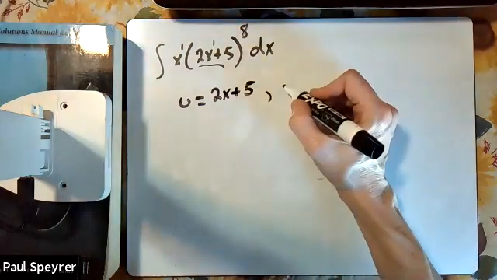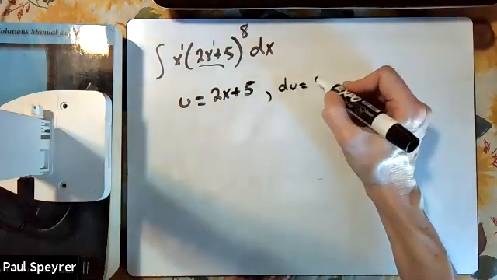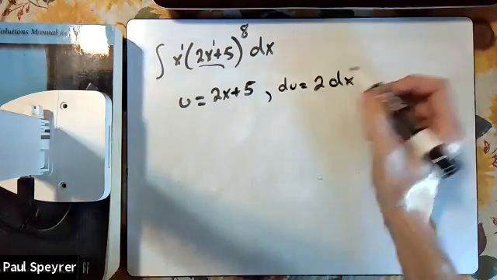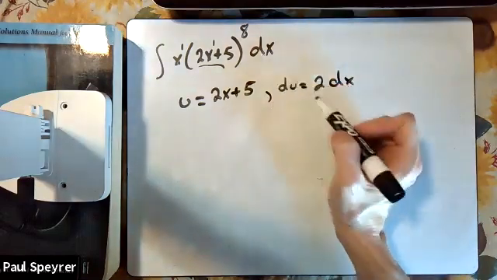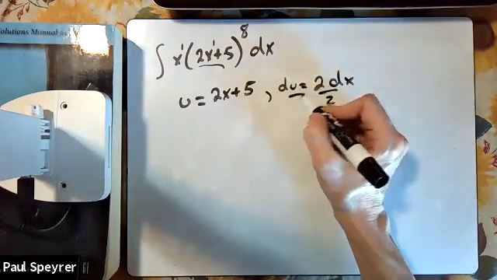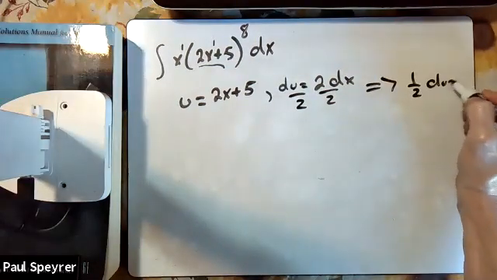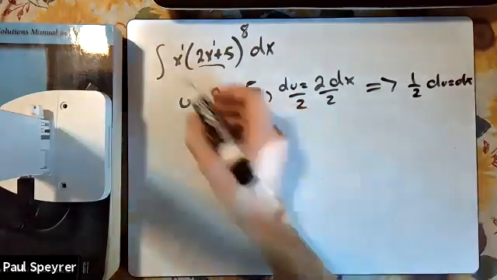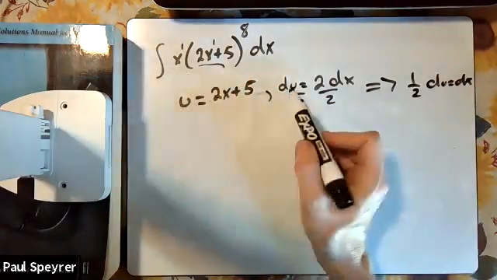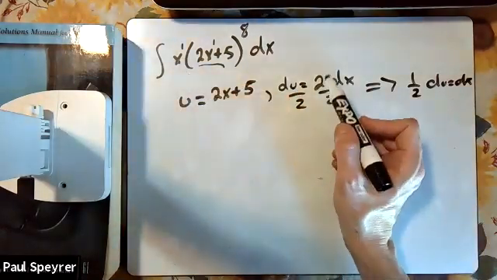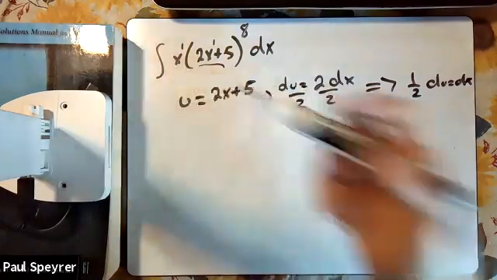And let's find a du really quick. du is equal to 2 dx. Remember, we didn't need this 2, so we just divide both sides by 2. Then you could say we have 1/2 du equals dx. Now, what about this x to the first? Because when I took du, we didn't have an x just floating out right here. So what do we have to do?